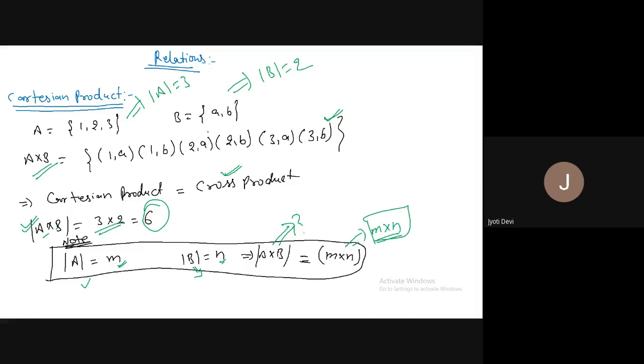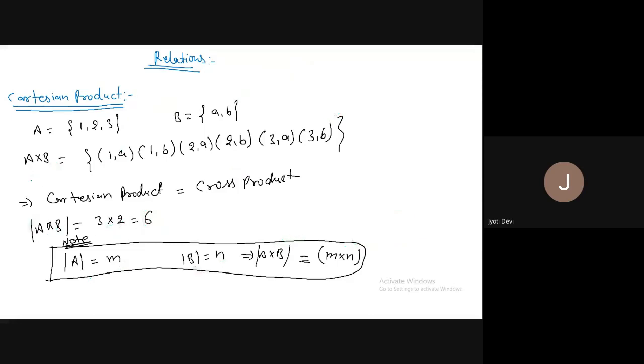Okay. One more thing that I want to tell you, order matters here. If I do the cross product B cross A, in that case I get the result like that: A1, A2, A3 and B1, B2, B3.